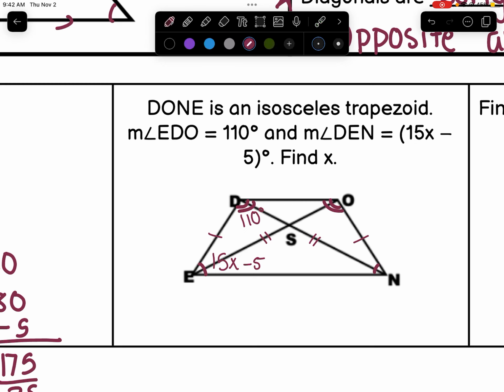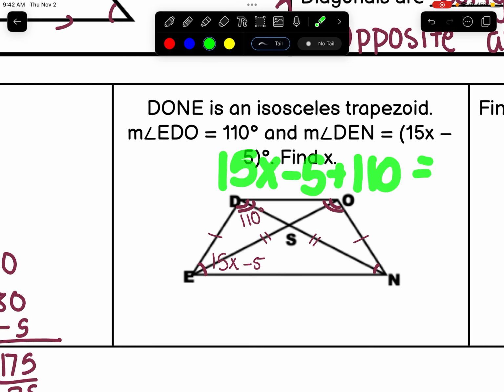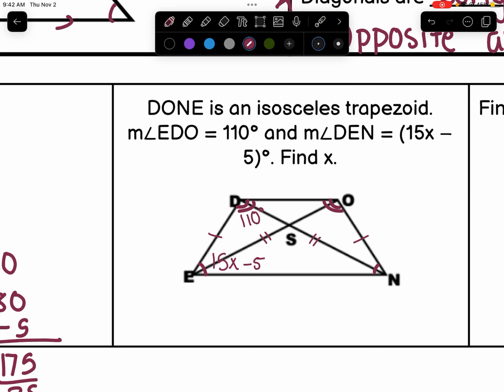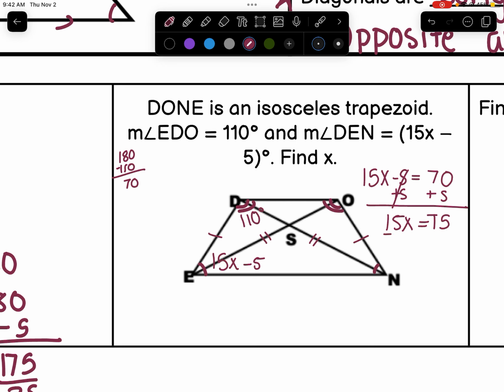A couple ways you can approach this. You can say 15x minus 5 plus 110 equals 180. That's an option. But another option that I prefer is I'm going to subtract 110 from 180 and know that this angle right here is 70 degrees. Therefore, 15x minus 5 equals 70. Add 5 to both sides. 15x equals 75.